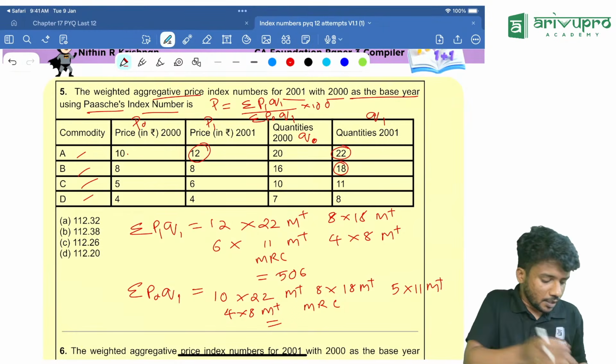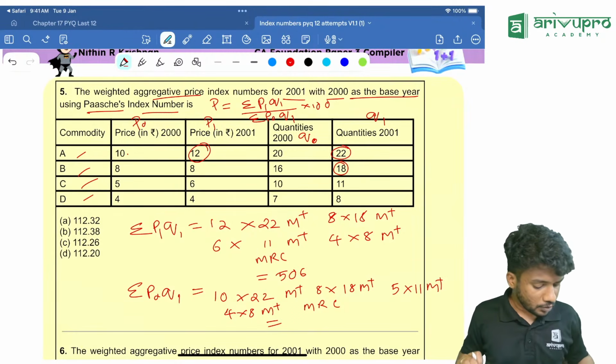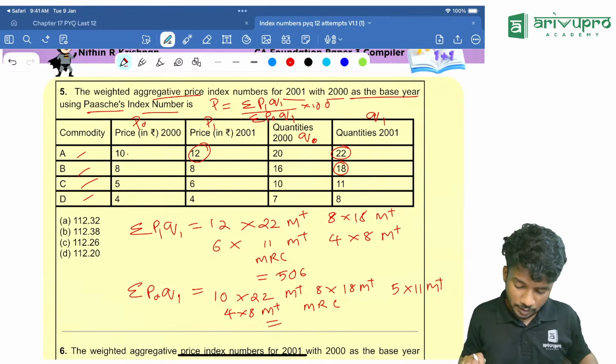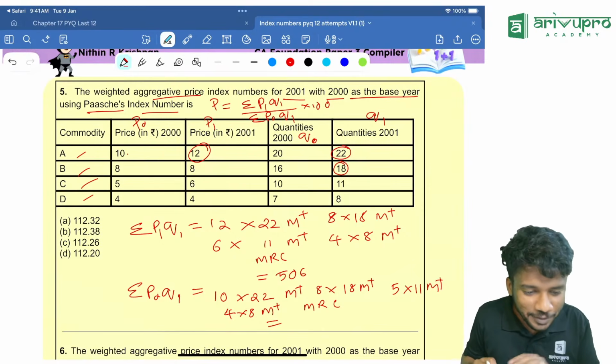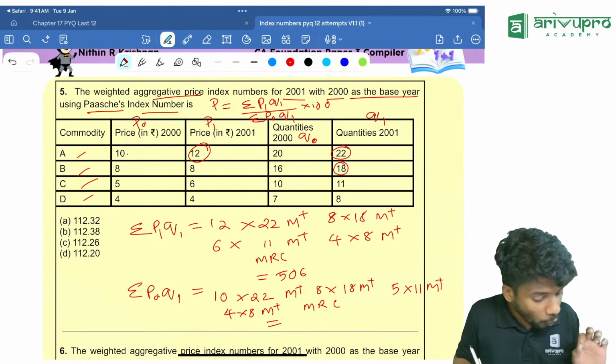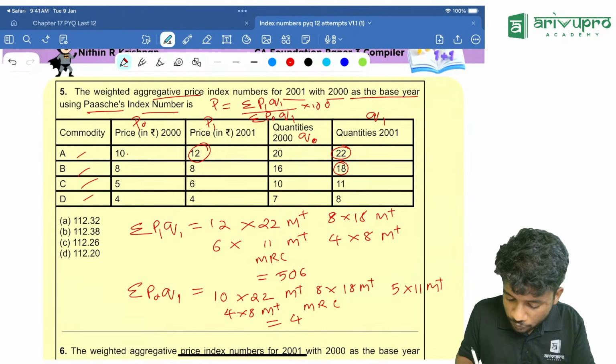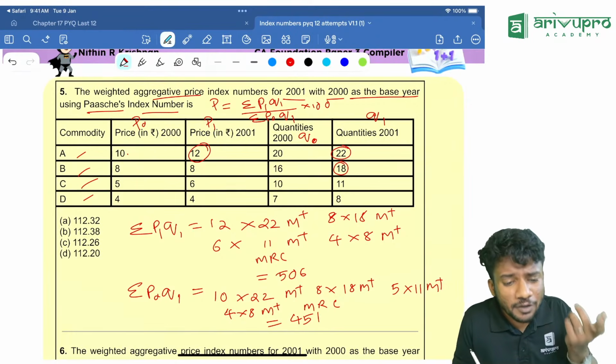Let me check. Yes, some people already got the answer. Very good. P0 Q1 is equal to 451. From that, you can directly go for the answer.